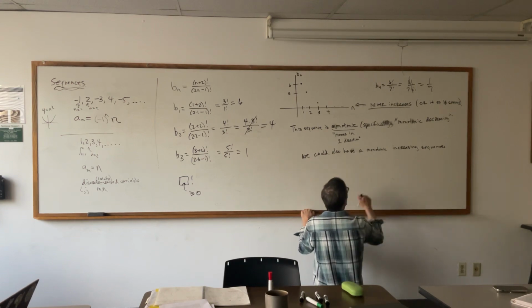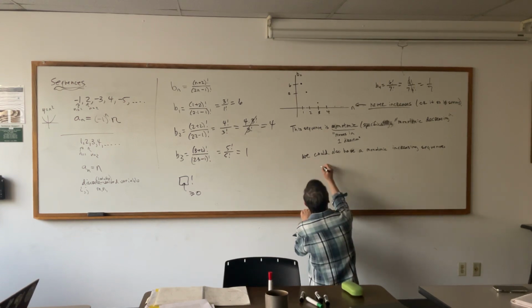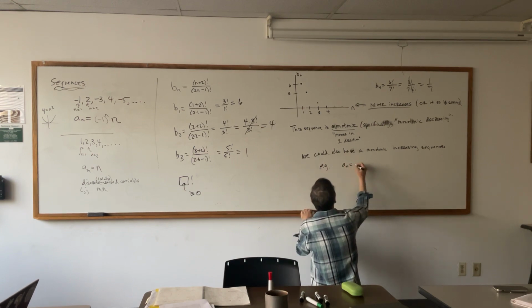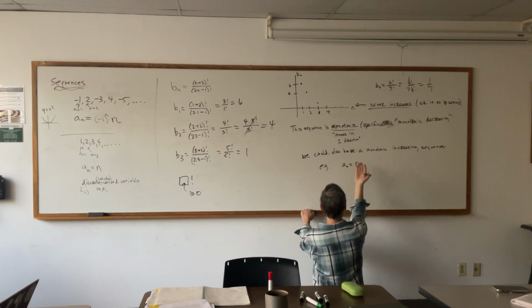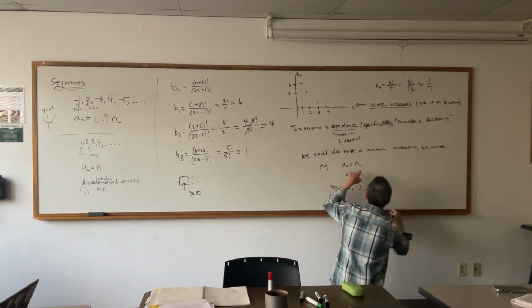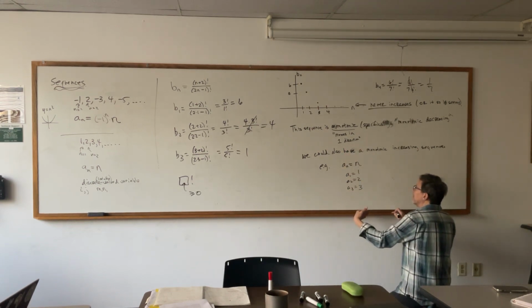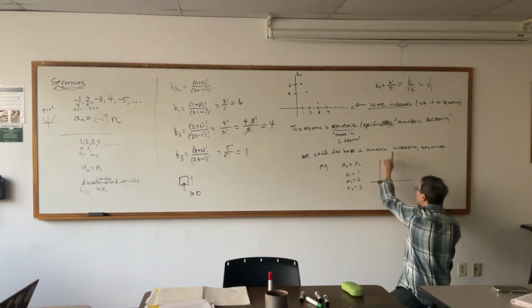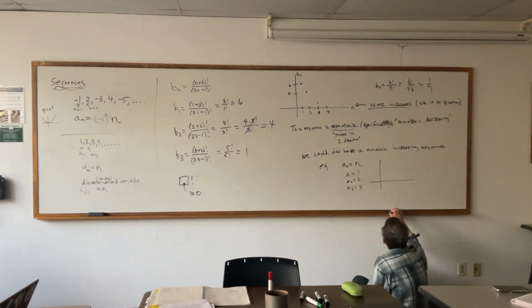So a monotonic increasing sequence. Here's an example of that. Let's say I had a sub n equals good old n. Here's a nice simple one. What does this sequence look like? A1 is 1, A2 is 2, A3 is 3. This sequence always goes up if you plotted it out. You have to plot it to really see it.